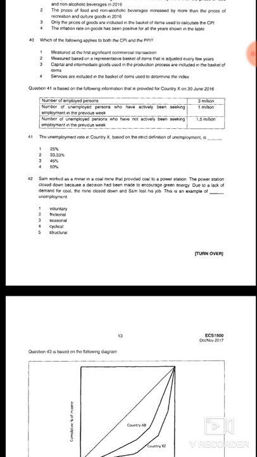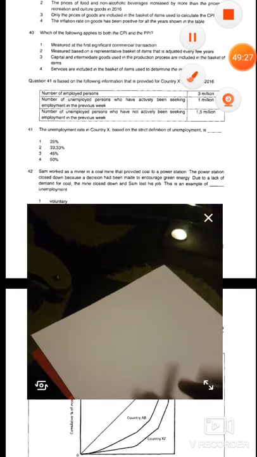And question 41 is about unemployment. The unemployment rate in country X based on the strict definition is. So how do you calculate unemployment based on the strict definition?